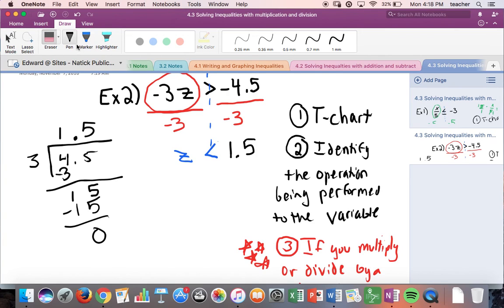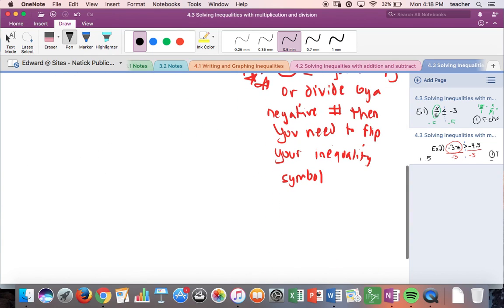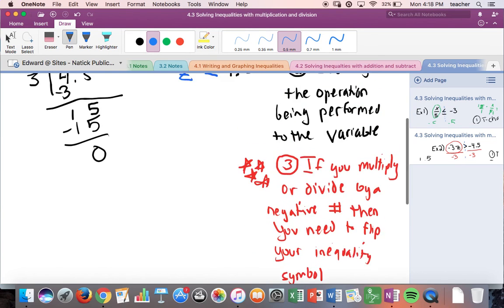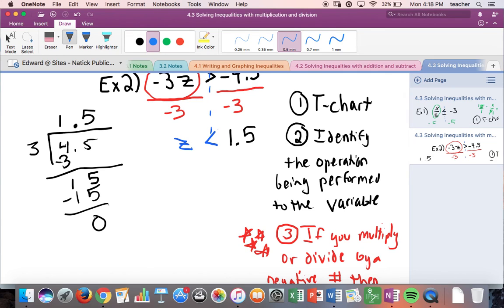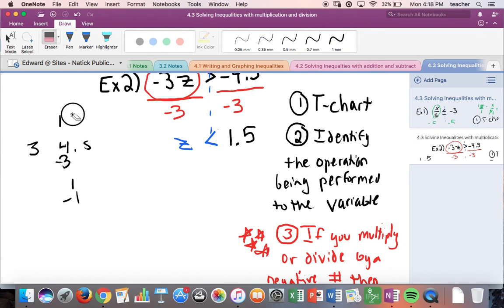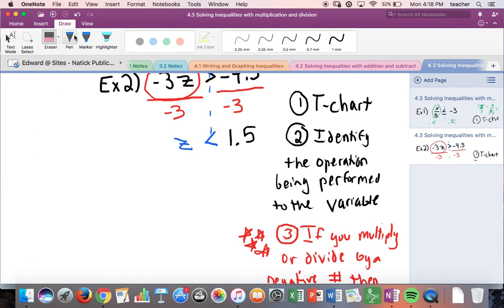Then, in my final step, step 4, I need to graph. I'm going to erase my long division in order to make room for my graph. So, here we go. 1.5 goes in the middle.